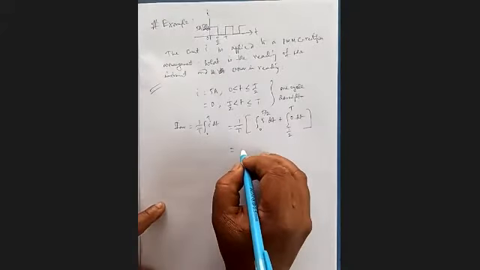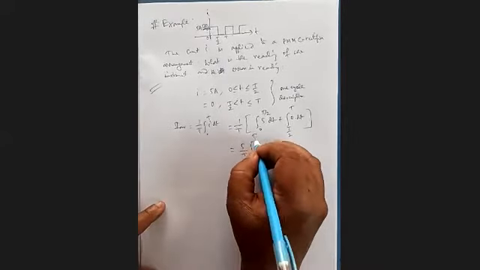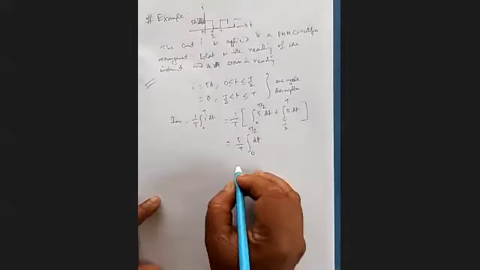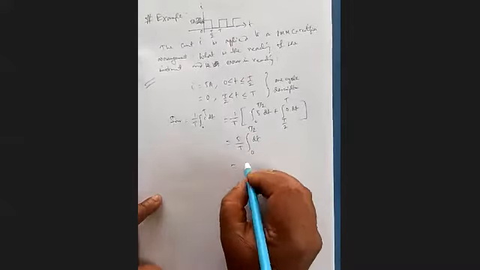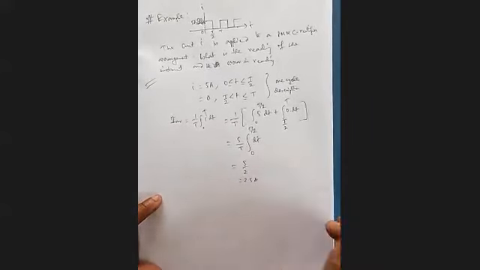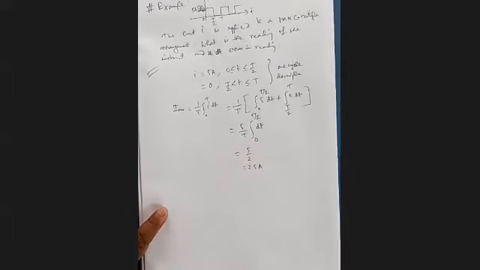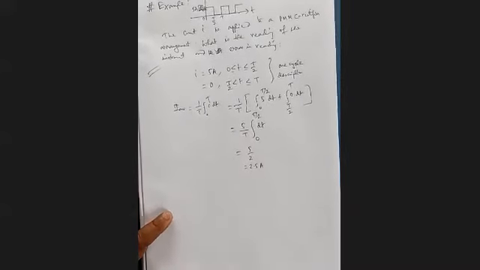So ultimately it is 5 by T integration 0 to T by 2 dt. If you integrate it, the result is just 5 by 2 or 2.5 ampere. That is the average value of the current.